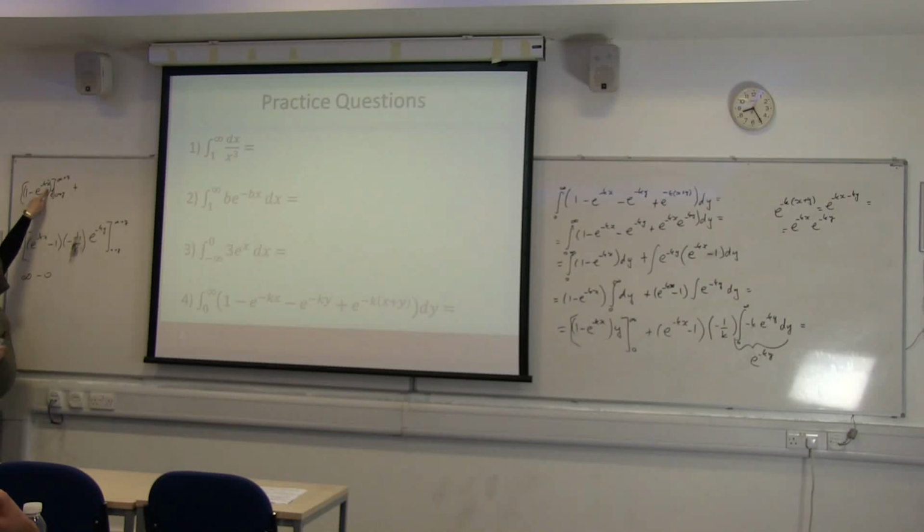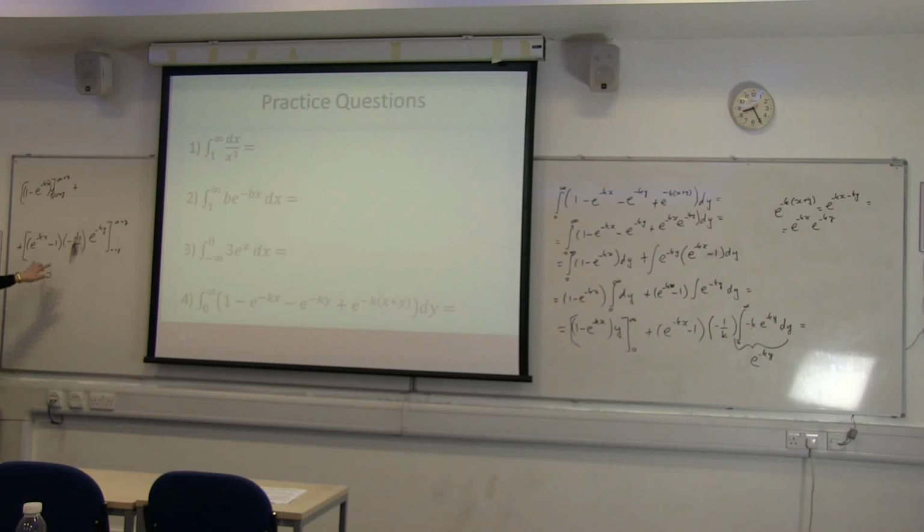If x is negative, e to the negative k times negative x, that's e to the positive, that's a positive number. So 1 minus that is a negative number, right? Depends on the sign. Okay. Eventually it gets positive infinity.